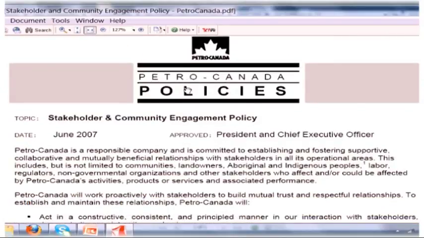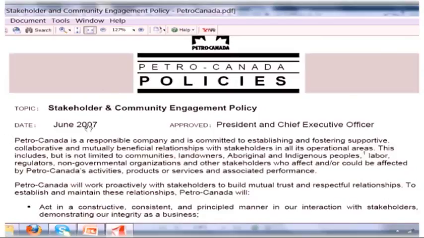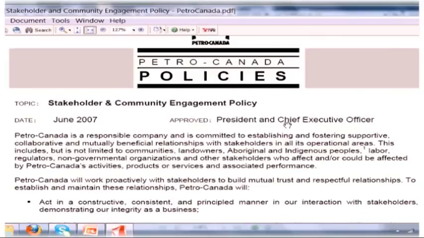The stakeholder engagement policy of Petro-Canada is dated June 2007. So it's relatively recent, and it has been approved by the President and Chief Executive Officer of the company, which is also good because it shows that there is some commitment, that it is considered important enough to be passed on to the President and Chief Executive Officer for his consideration and for signing.